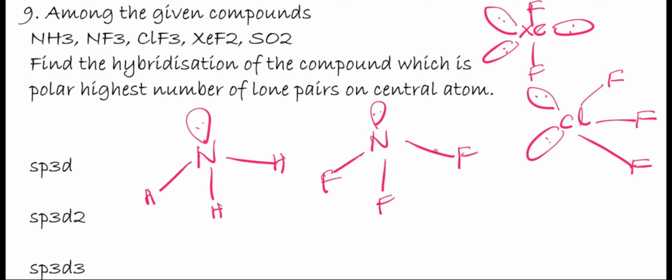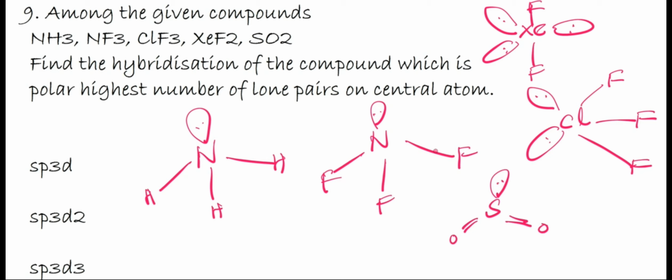Then comes SO2. SO2 forms a structure like this. So which is more polar and has the highest lone pairs of electrons on the central atom? We'll find out which one is correct.